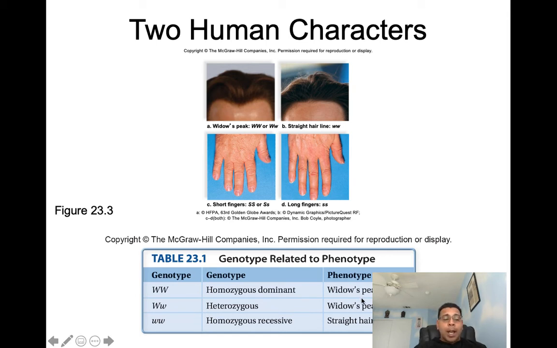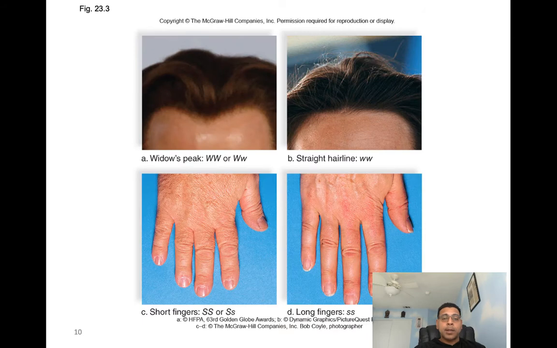The only time the recessive phenotype, which is the straight hairline, is going to be expressed is if the genotype is homozygous recessive, or we can say lowercase w, lowercase w. So we see the same thing here.